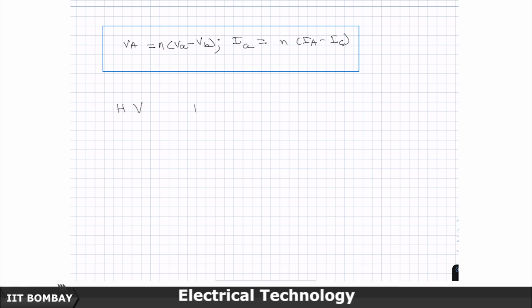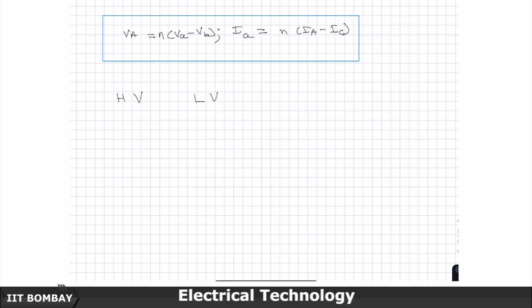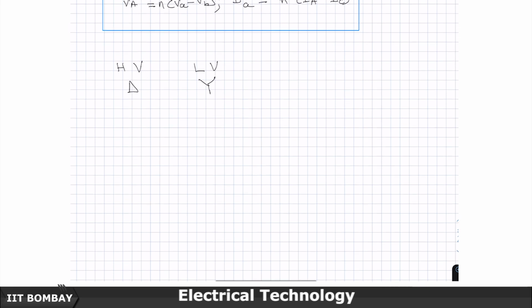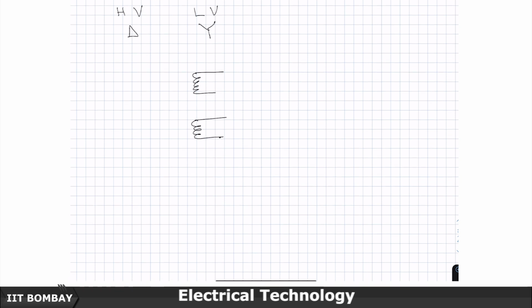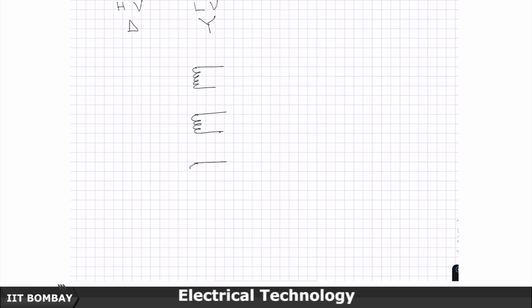So I am going to say that HV is delta and LV is star. So first let me draw the star side, that is much more easy to draw.